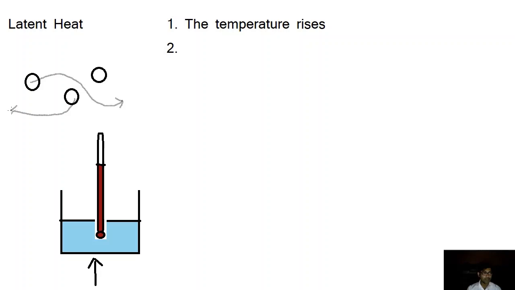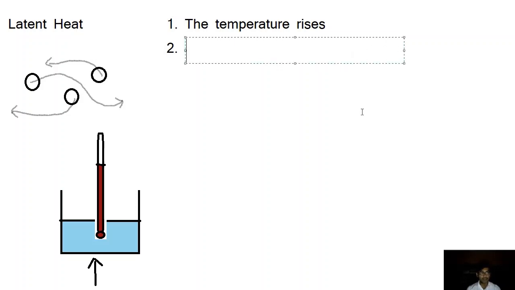Okay. Now when we heat this substance, what happens? The heat supplied is transferred to these particles and their energy increases. And the increase in energy of these particles is seen as a rise in temperature in the thermometer. So we can write the temperature rises. And why does it rise?